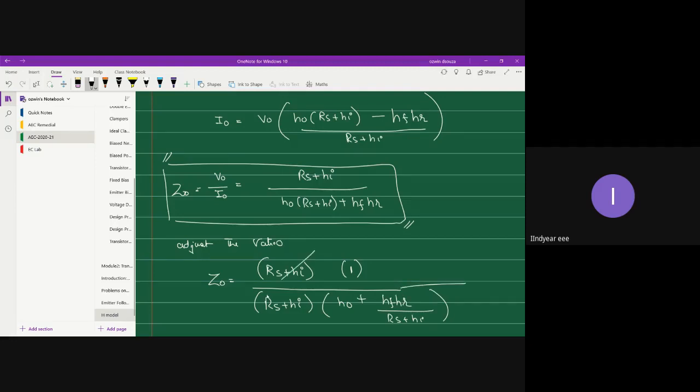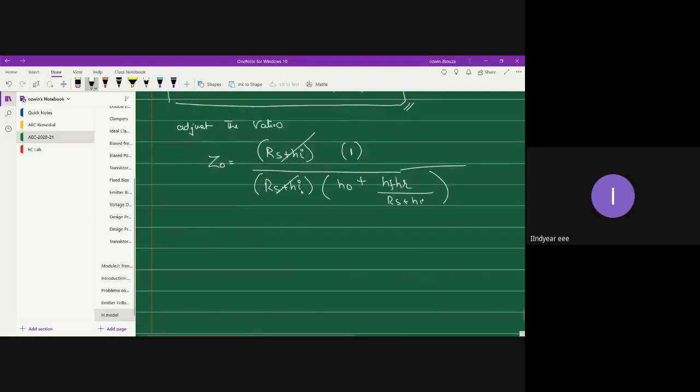So this I can cancel out so that I can clearly show you that the exact expression for Z naught is basically 1 over H naught and the second term, HF HR divided by RS plus HI.